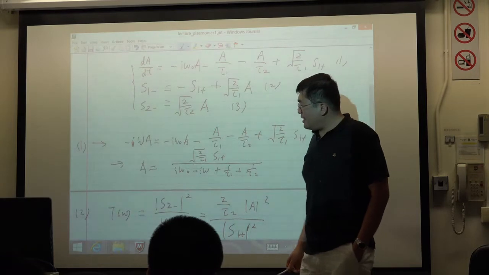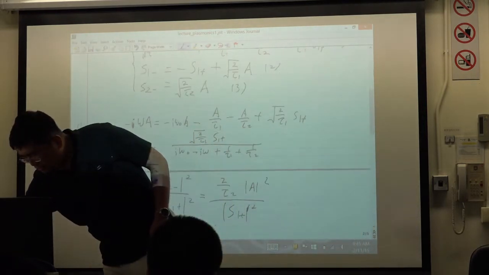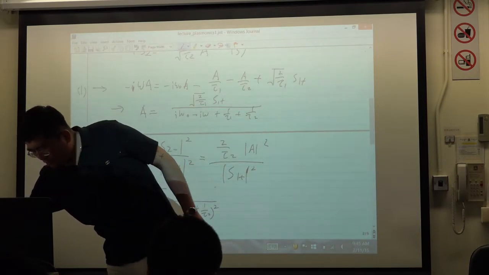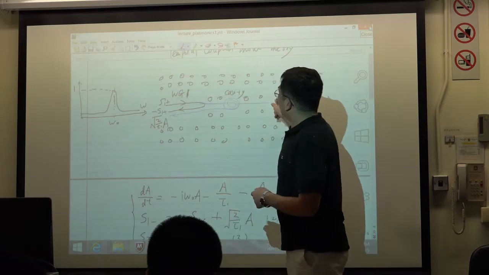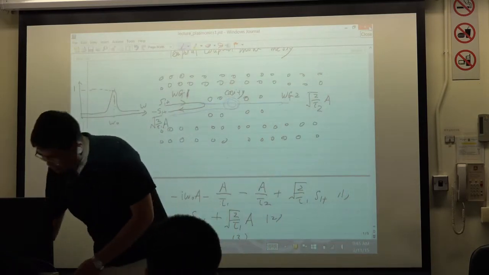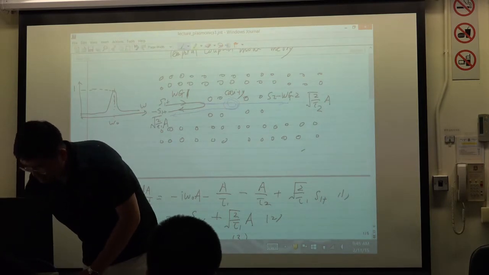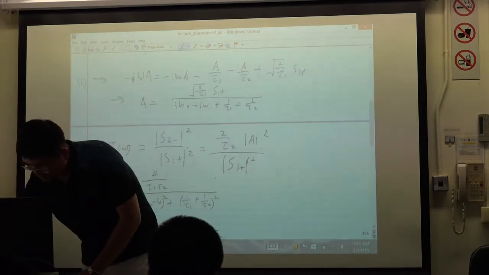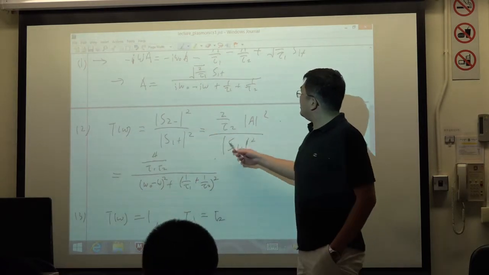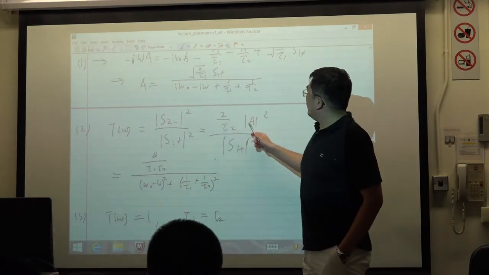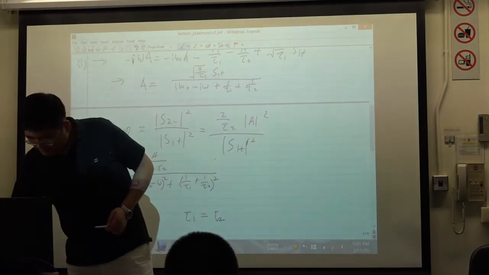How about the definition of the transmission? Transmission is just S2 minus over S1 plus. Here S2 minus, because S2 plus is equal to 0, so S2 minus over S1 plus. S2 minus is just 2 over tau 2 times A, squared, due to the third equation.